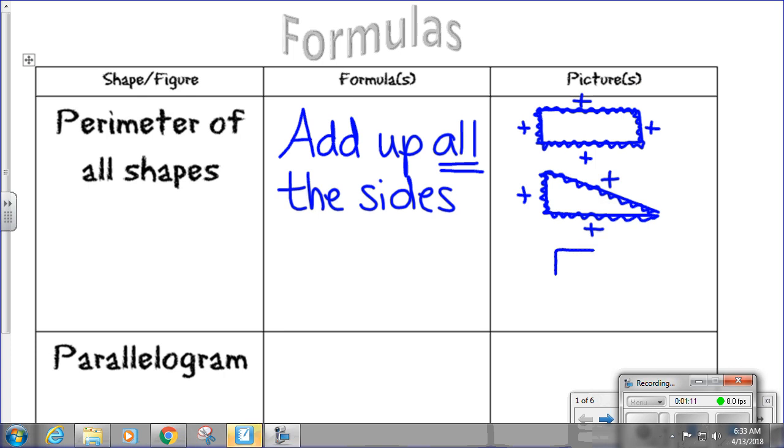And then I'm going to give you an example of what we call an irregular shape. Again, you would need to add up all the sides to find perimeter. And again, it's adding. Perimeter is the outside of the shape.